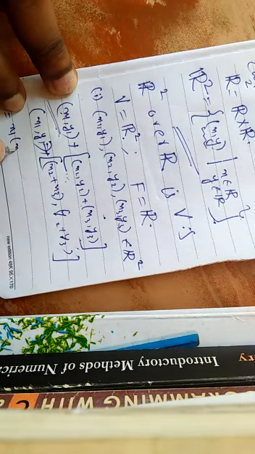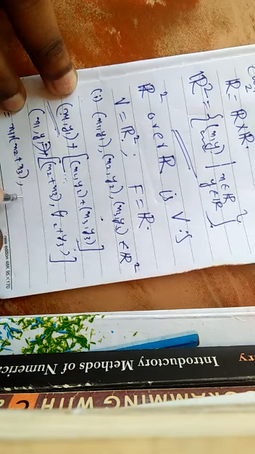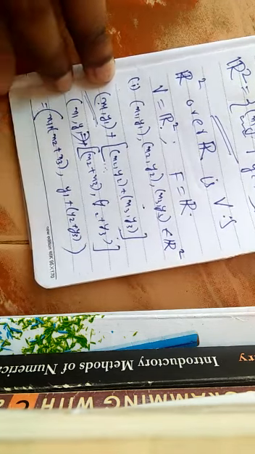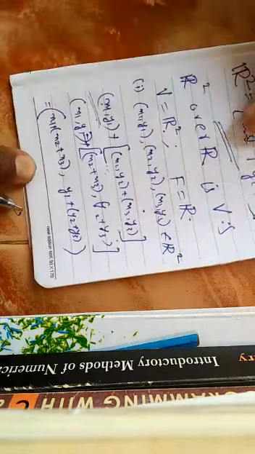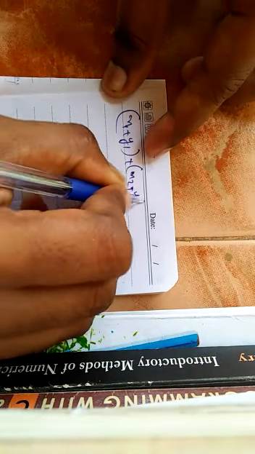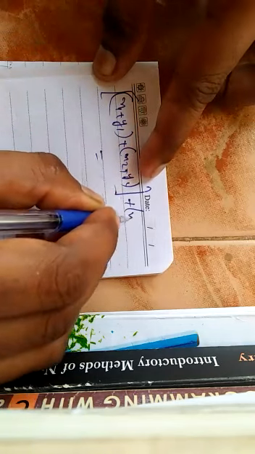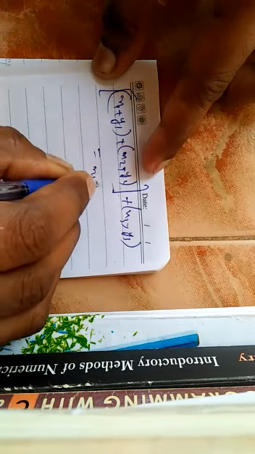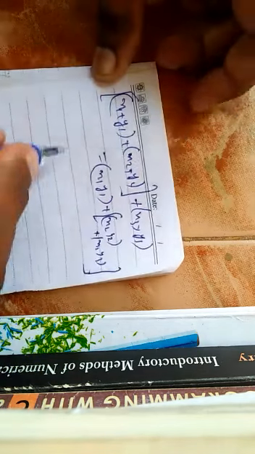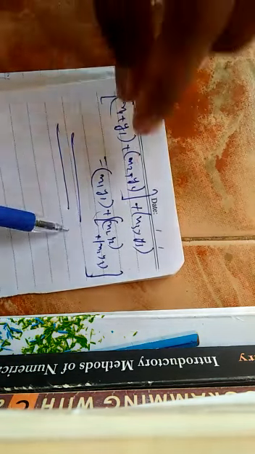That is equal to (x1 plus x2 plus x3, y1 plus y2 plus y3). We need to prove that (x1, y1) plus (x2, y2), plus (x3, y3), equals (x1, y1) plus ((x2, y2) plus (x3, y3)). The first two elements adding and the last element added, and the last two elements adding and the first element added, both are equal.